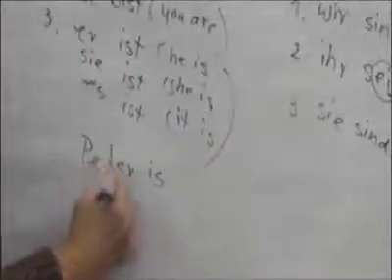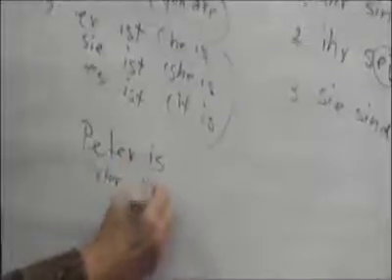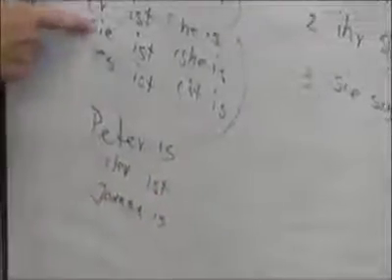So Peter ist. If you have a girl's name, Joanna, for example, if you say Joanna ist, Joanna is a girl, right? So we use this form, she is. So you would say Joanna ist.